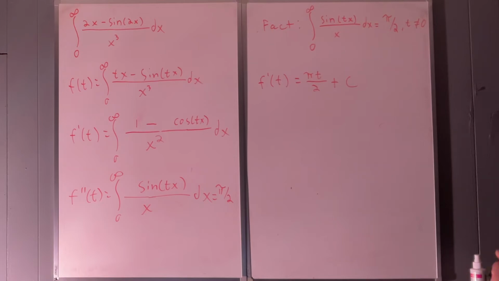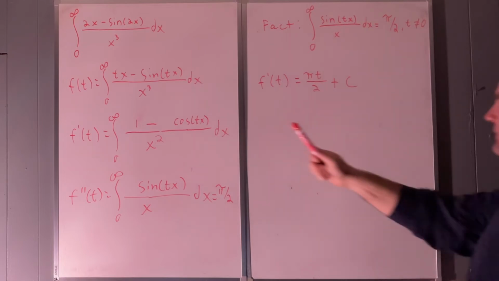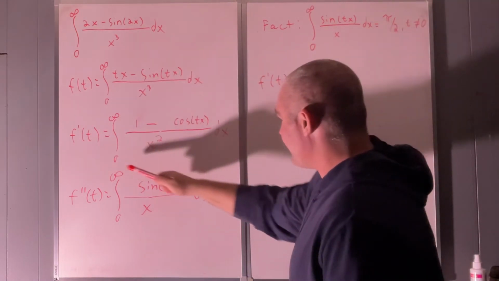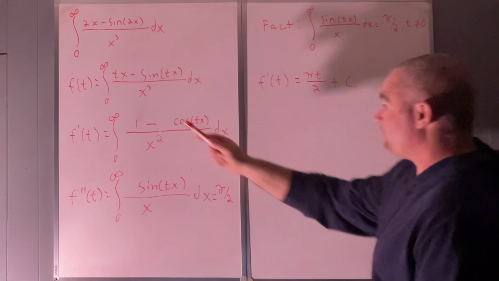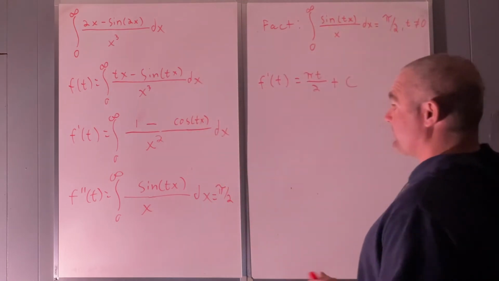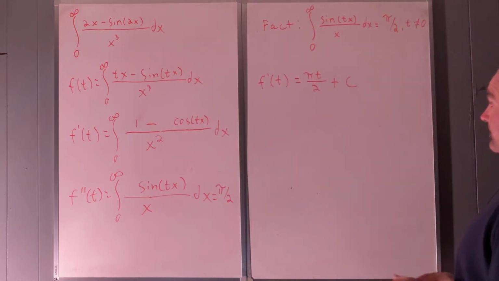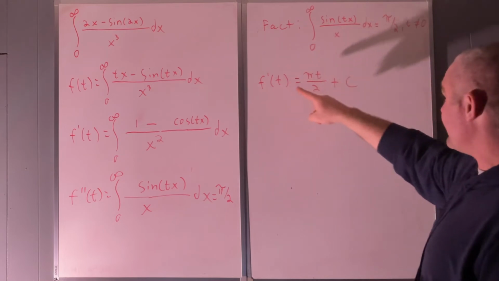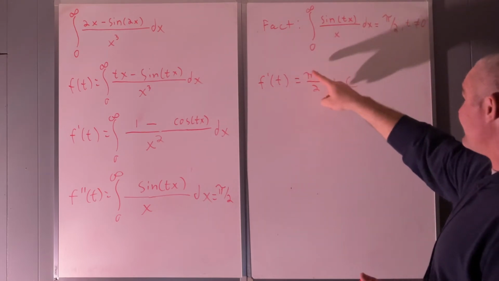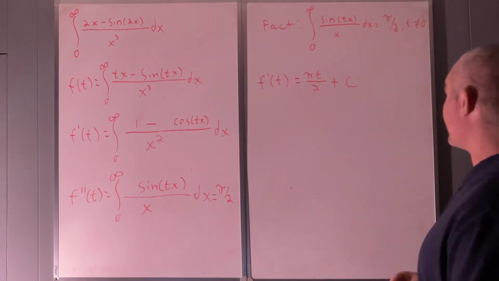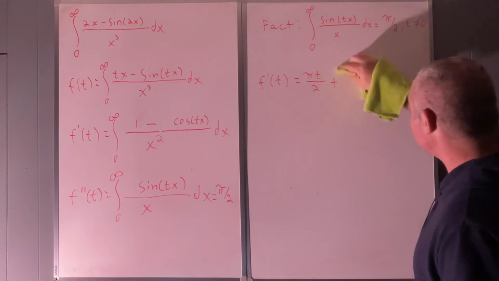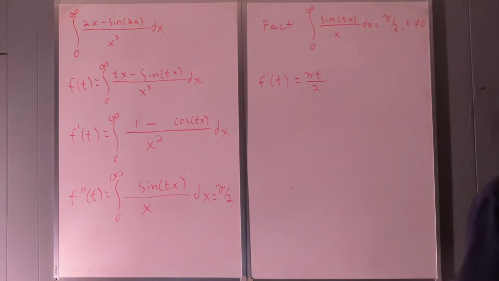So how do we do that? Well, we know that if we plug in 0 for t in our f prime of t written this way, we're going to get 0 because 1 minus the cosine of 0 is just 1 minus 1, which is 0 over x squared is still 0, and the integral of 0 is 0. So that means we know that 0 is equal to pi times 0 over 2 plus c. In other words, c is equal to 0, so we don't need it anymore. That's just f prime of t.